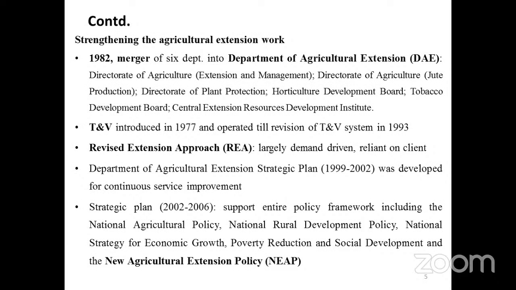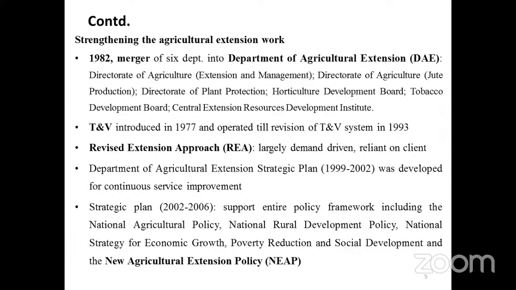An important change happened in 1982, with the merger of six departments, the Department of Agriculture Extension, Agriculture, jute production, plant protection, which were all merged into one department named the Department of Agricultural Extension. Then, same as India, they also had the T&V system.